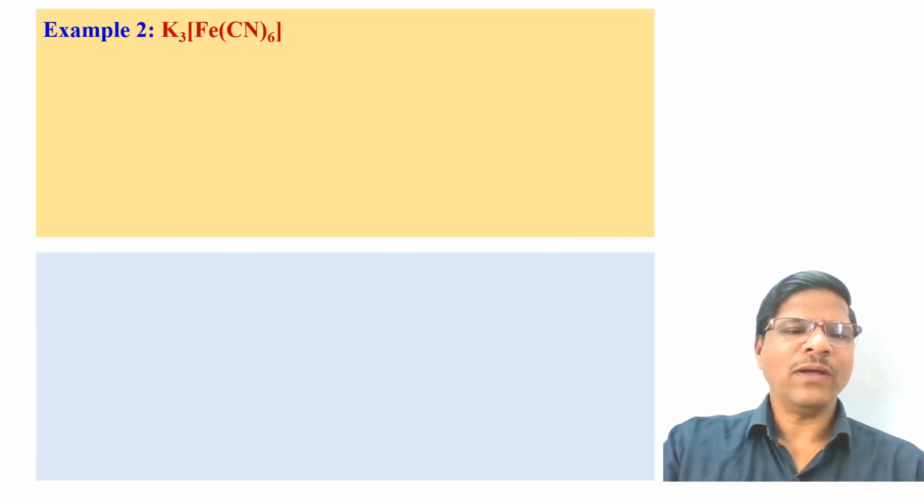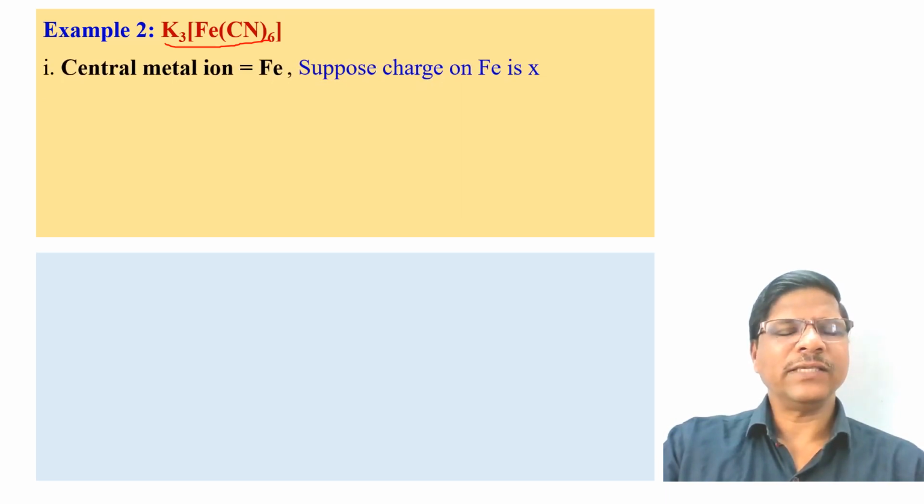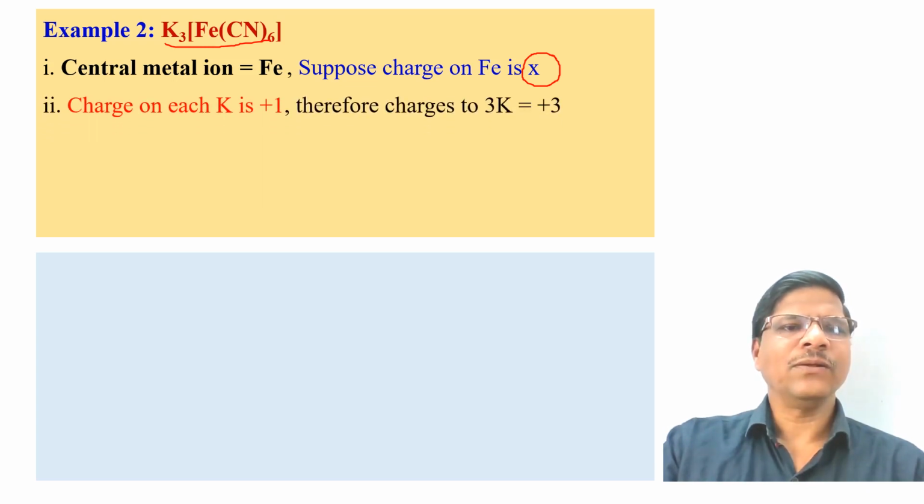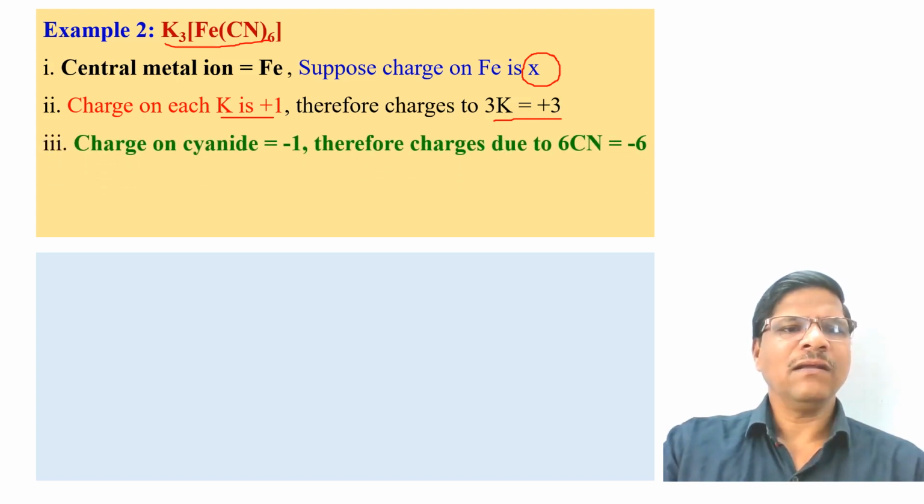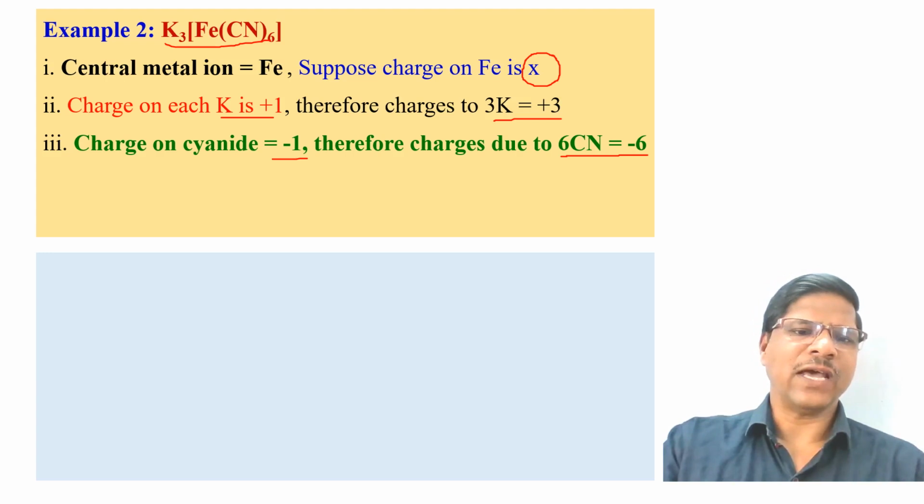Second example, we have K3[Fe(CN)6], potassium ferricyanide. First one ferro, now the ferricyanide. Again the central metal ion is iron, and we suppose the oxidation state of iron is X, and X is to be calculated. Each potassium has +1 charge, there are 3 potassium, so +3 charges. Cyanide has -1 charge, 6 cyanide, -6 charges.